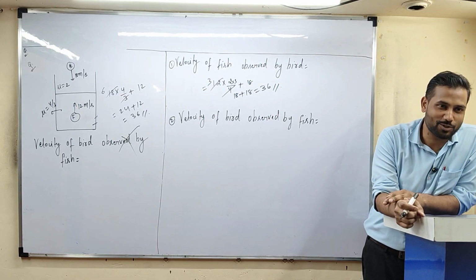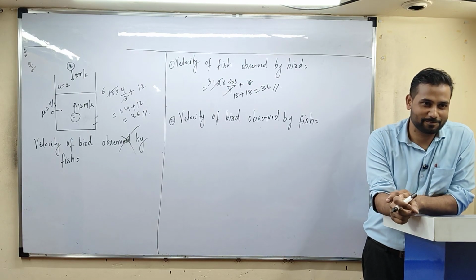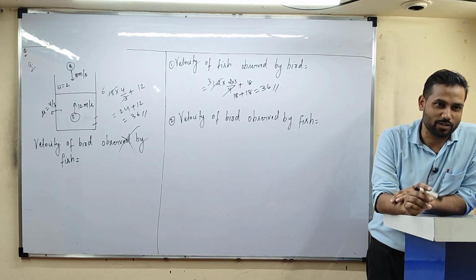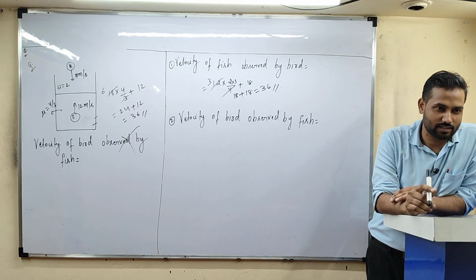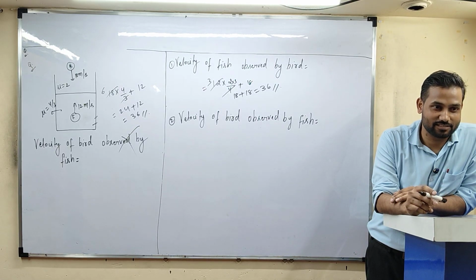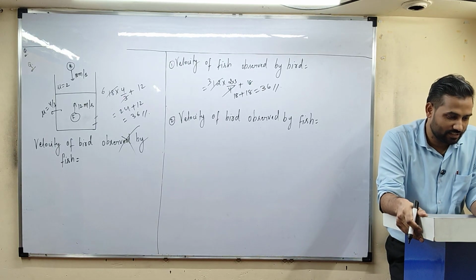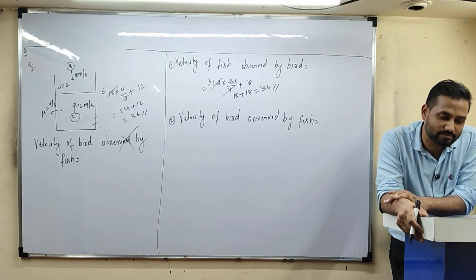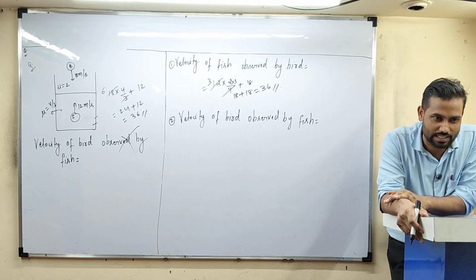Suma, what's your answer? Solve. 20. Okay. Others? 39. 30. Solve, solve. Solve as fast as you can. Fish is the observer.